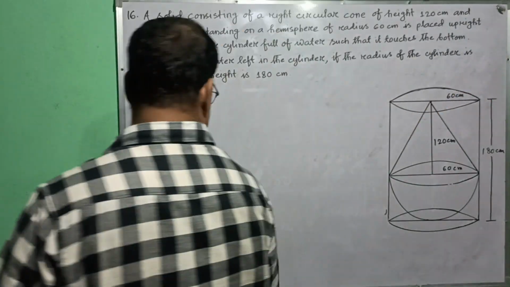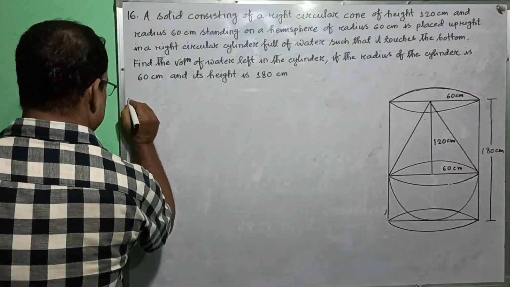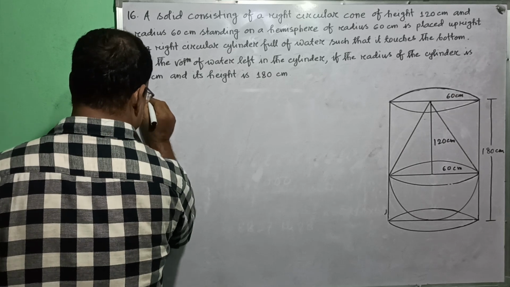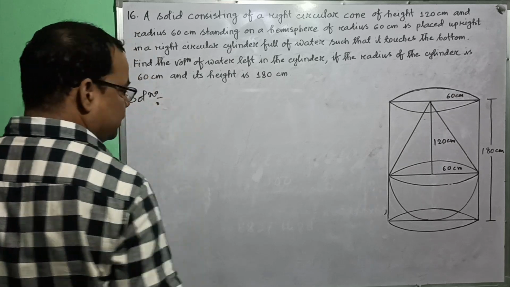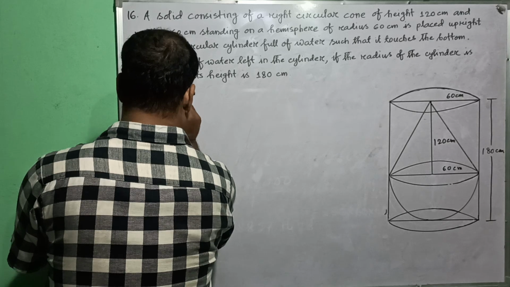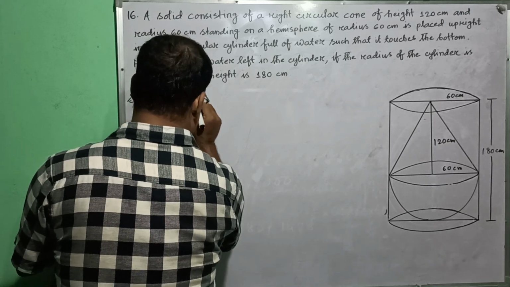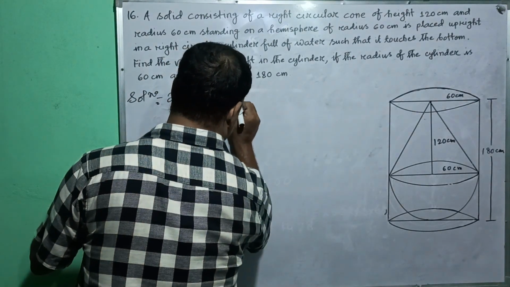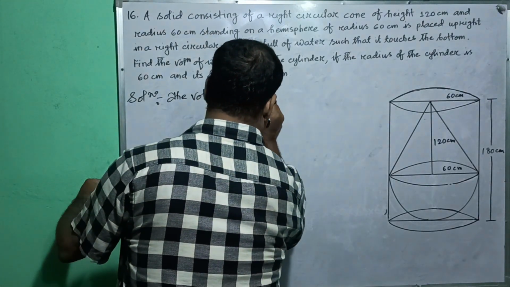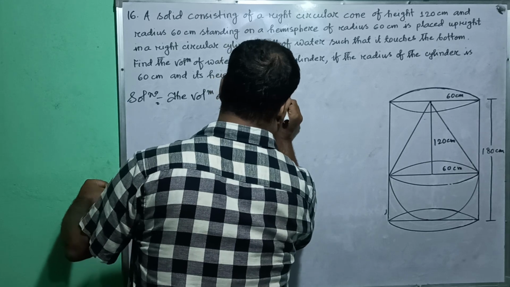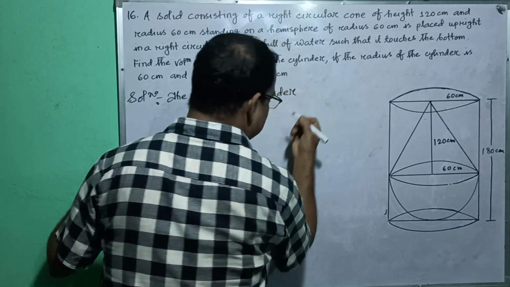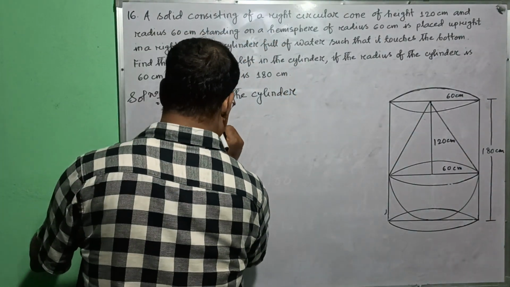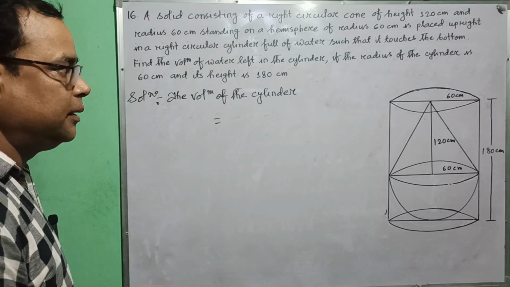So one by one we'll find it. First of all, we'll find the volume of the cylinder. So what is the volume of the cylinder?